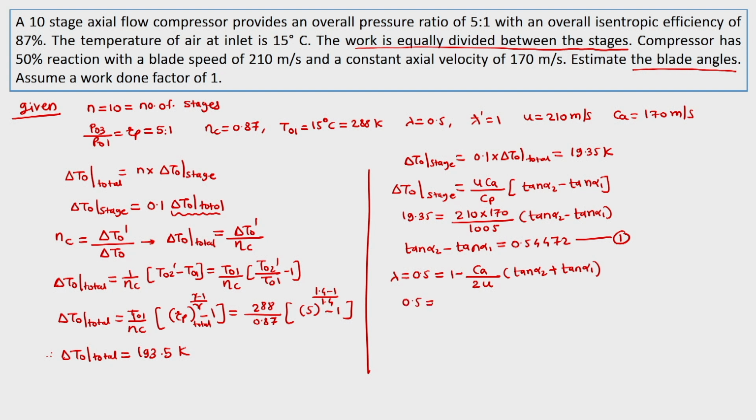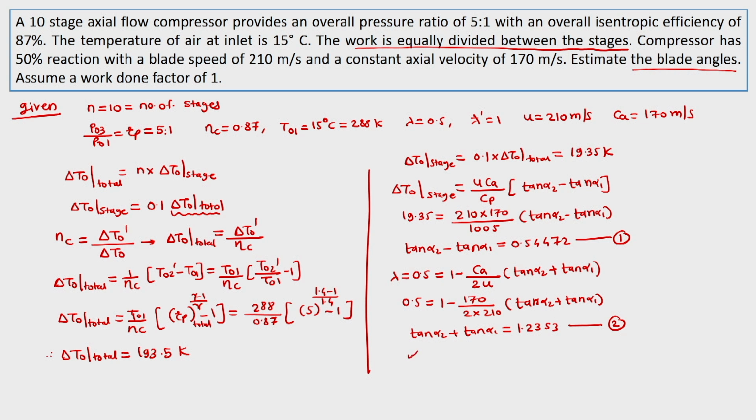We can put 0.5 is equal to 1 minus Ca, which is 170, divided by 2 into 210 into tan of alpha 2 plus tan of alpha 1. So we have tan of alpha 2 plus tan of alpha 1 as 1.2353. We will name it as equation number 2.